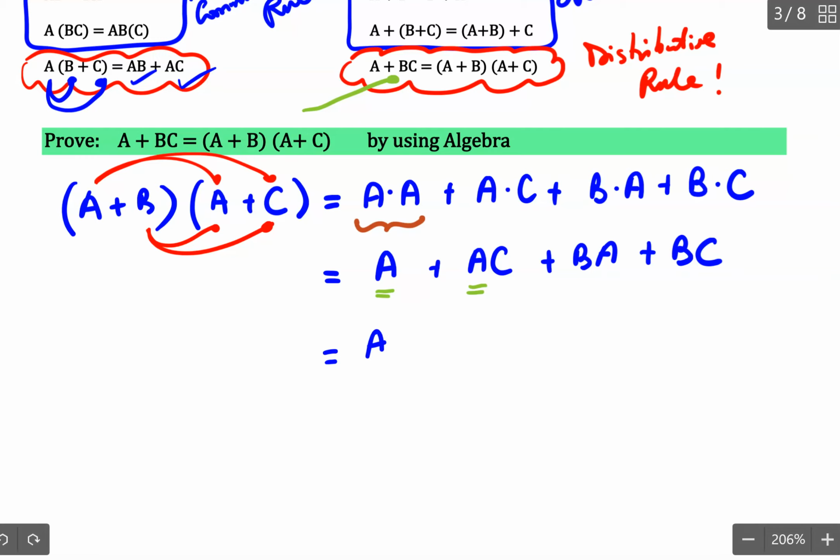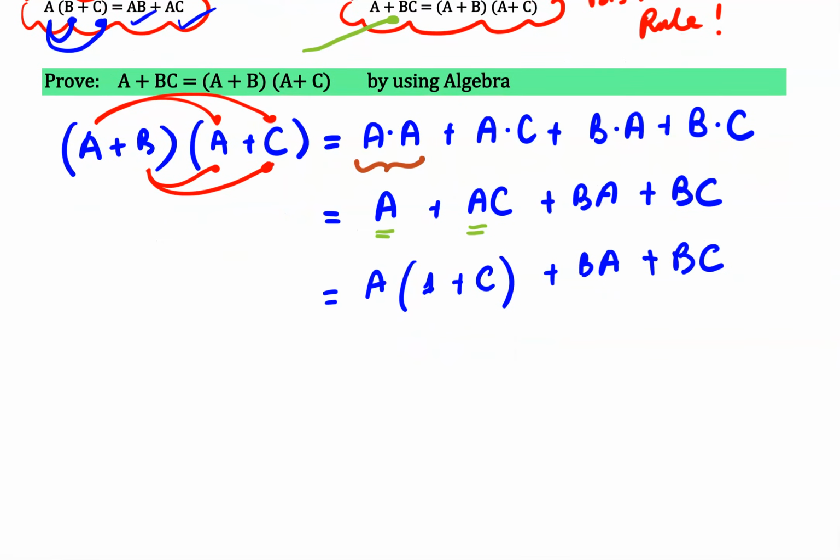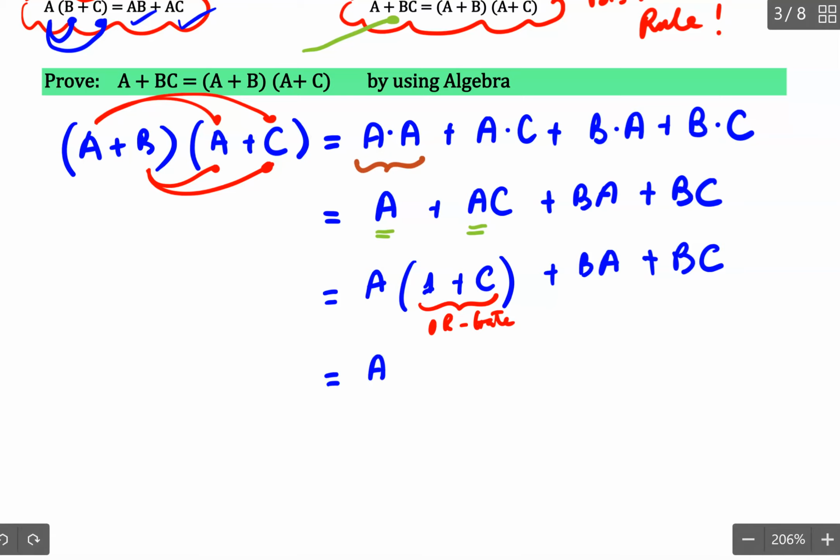So I have A, then 1 plus C left inside the bracket. These two terms, you rewrite exactly the same. Now think of this as Boolean algebra. This one you have an OR gate, and in an OR gate, as soon as you have an input of 1, your output has to be equal to 1. So in this case, I will have 1. So I will write A times 1, or A dot 1.